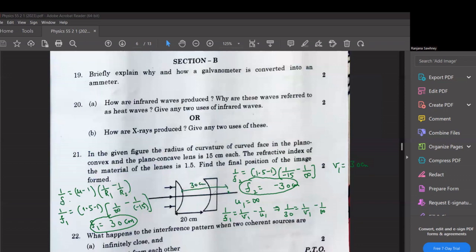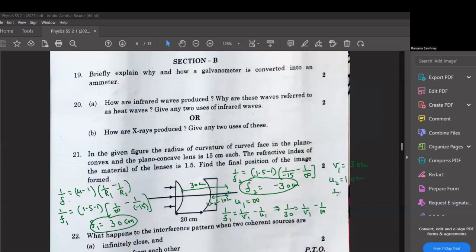So the object distance for the concave lens will be 30 minus 20. So the object distance u2 will be 10 centimeters. And as it is along the direction of the incident light, u2 will be taken as plus 10 centimeter.